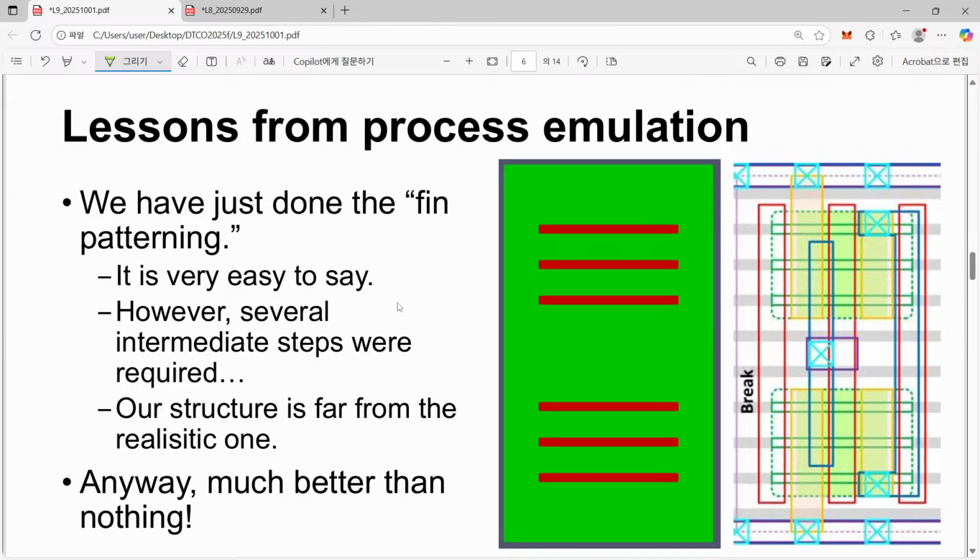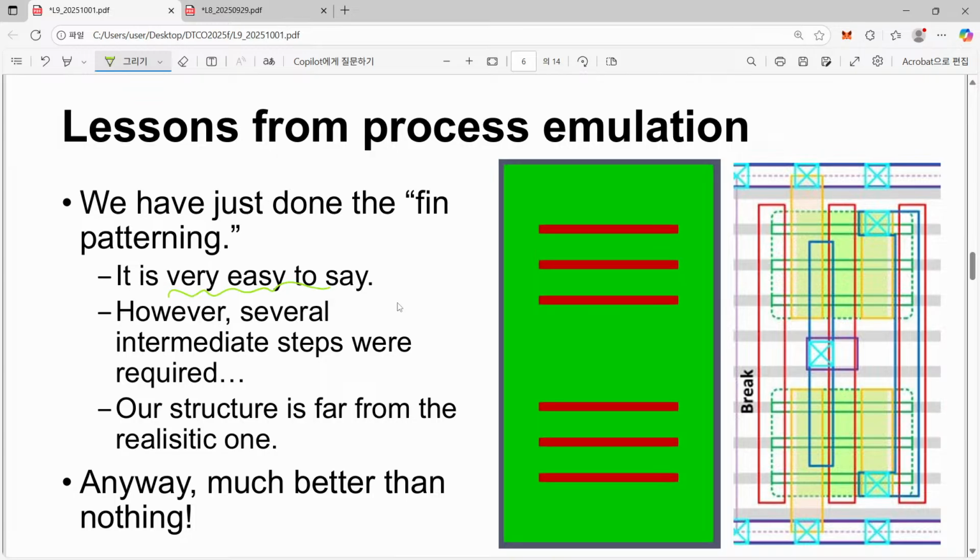Yes, it is like just granted, but you have seen that in order to make this simple structure with uniformly placed fins patterned with active regions, we have to do etching, deposition, etching, patterning, and so on, so many times. So it is very easy to say something.